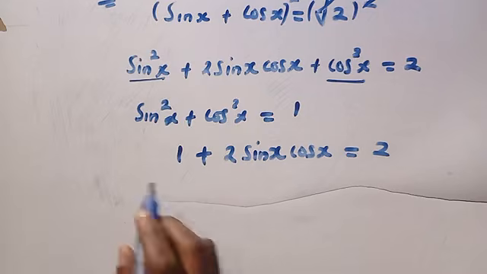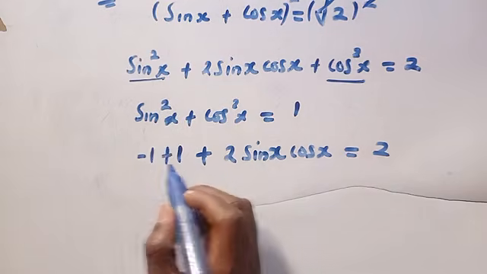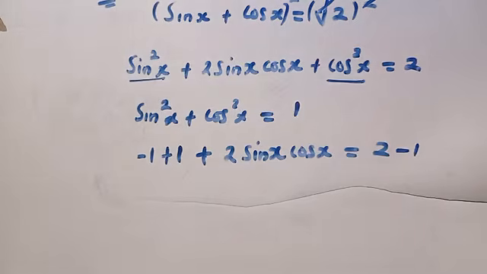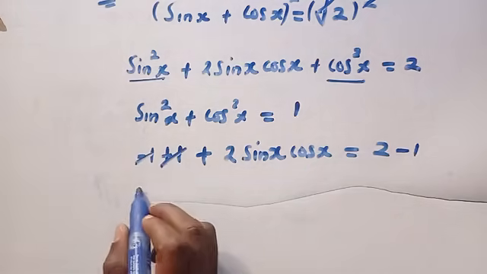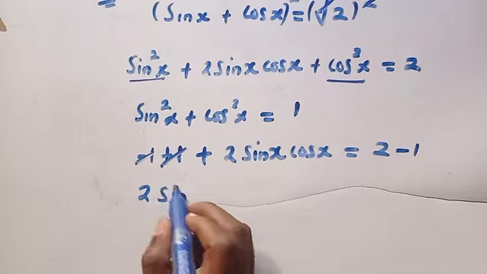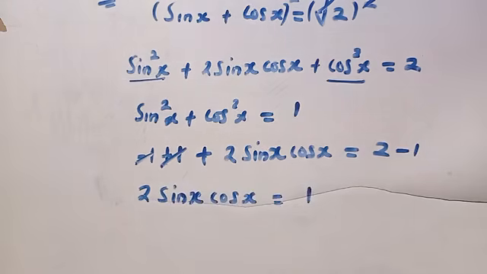If I subtract 1 from both sides, we have minus 1 here, and also minus 1 here. Plus 1 minus 1 cancelled, and we have 2 sine x cos x equals 1.